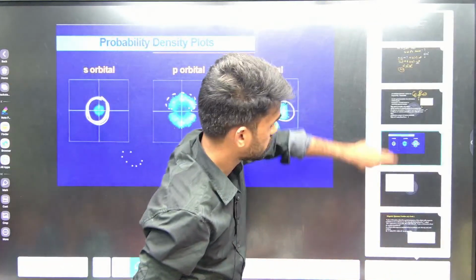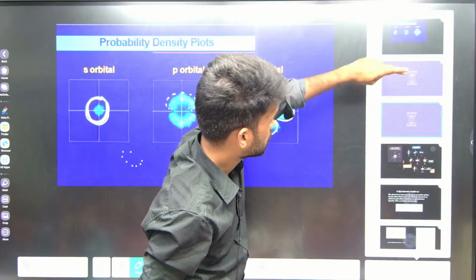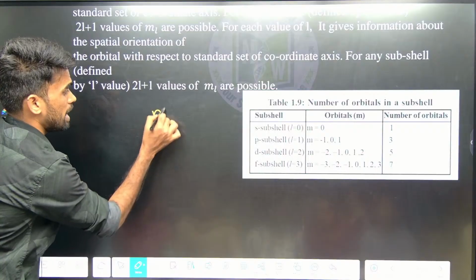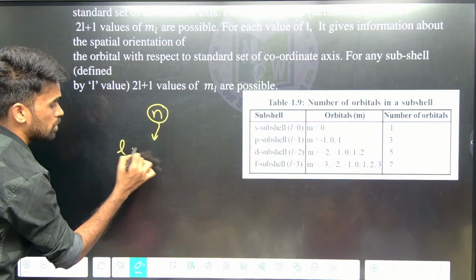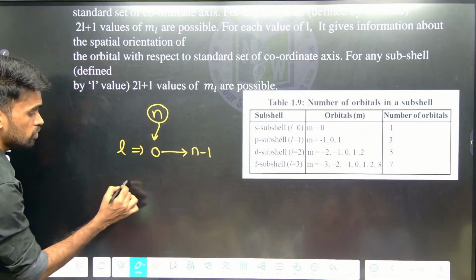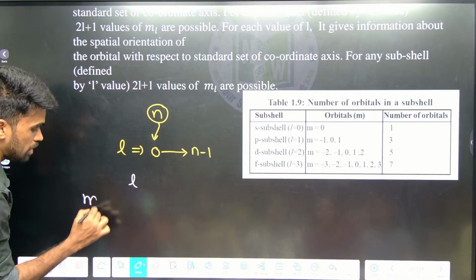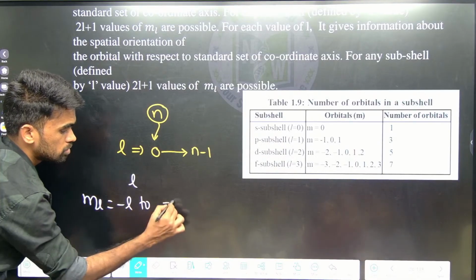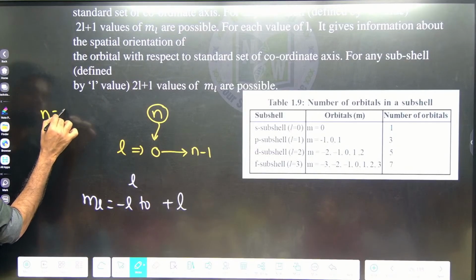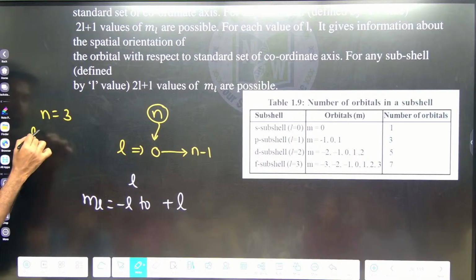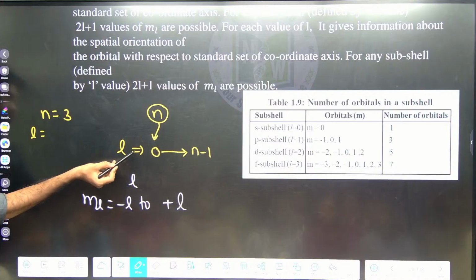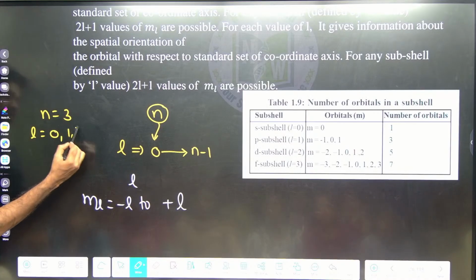Okay, the next one, the magnetic quantum number. For a given n value, what are the possible L values? 0 to n minus 1. Now for a given L value, the ML values will be minus L to plus L. For example, n equals 3. What are the possible L values? 0, 1, 2, that's it.